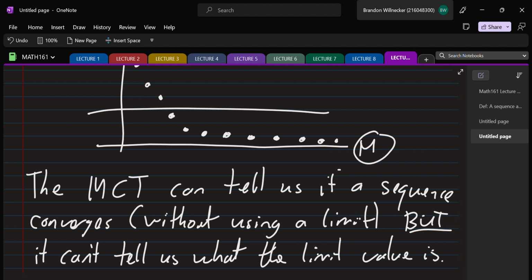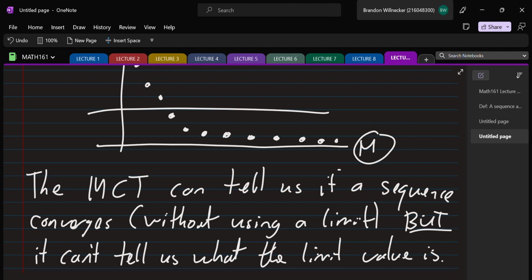So there's pros and cons to it. We don't need a limit, so that's good. However, we don't get the limit value, so that might be bad depending on the situation. If the question asks you to determine if the sequence converges and find its limit, we can use the monotone convergence theorem to see if it converges, but it tells us nothing about the limit value. So instead of using this, you would have to use the limit from last time.